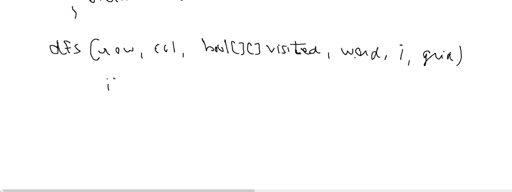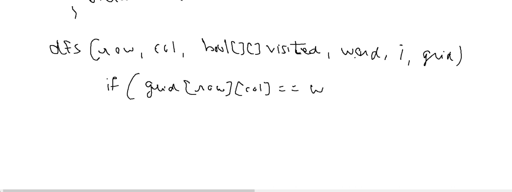So we need to check that if grid of this row, column is equal to word of I, or word dot character at I. Right, I'll just say word of I. If there is a match, we're gonna mark that cell as visited, right?